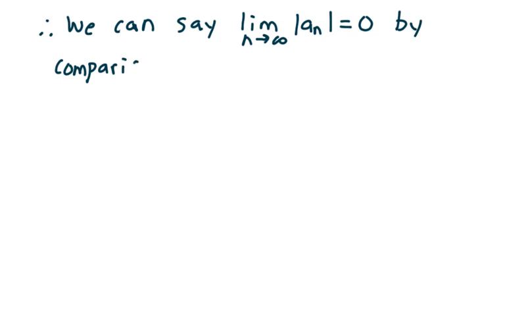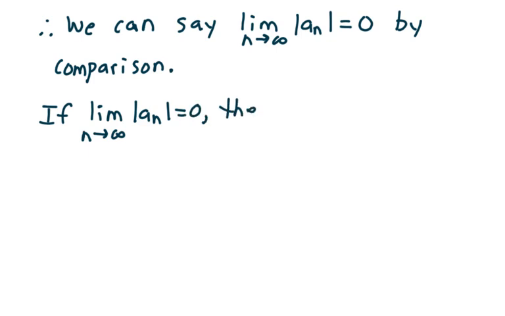Okay? Now, if the limit as n goes to infinity of the absolute value of a sub n equals 0, then the limit as n goes to infinity of a sub n must also equal 0. And that's a really, really nice way to demonstrate this result. Okay?